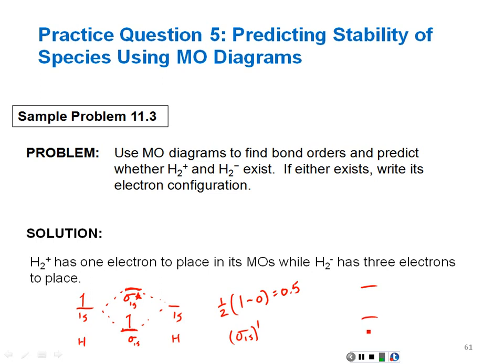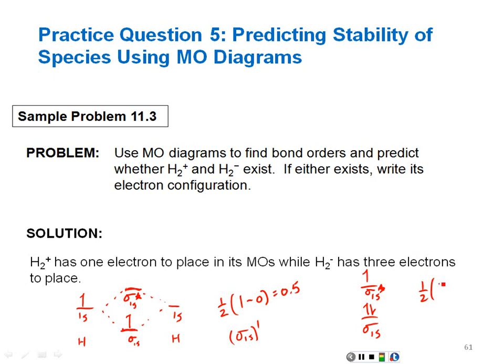Now if we look at H2 minus, H2 minus is going to have 3 electrons. Okay, so the bond order again is going to be 0.5.